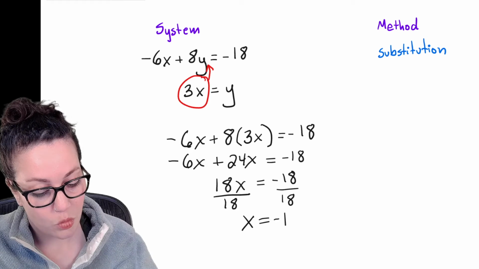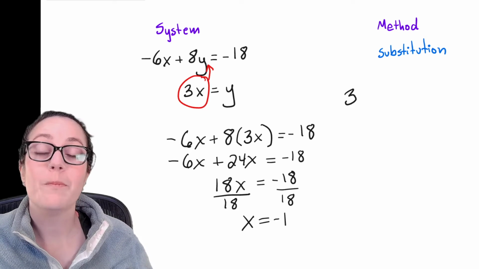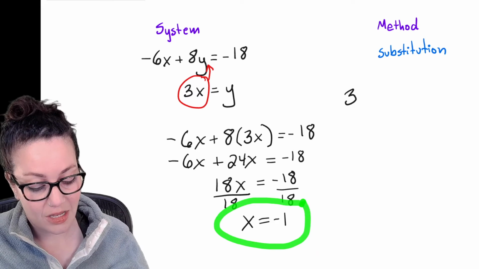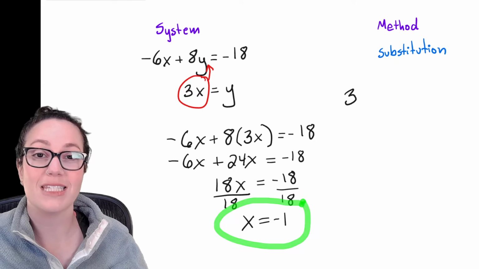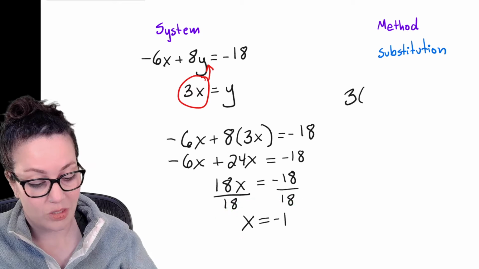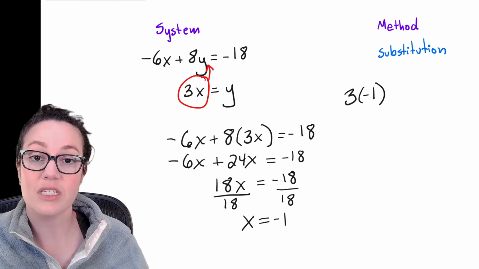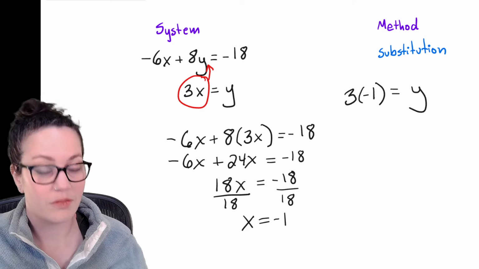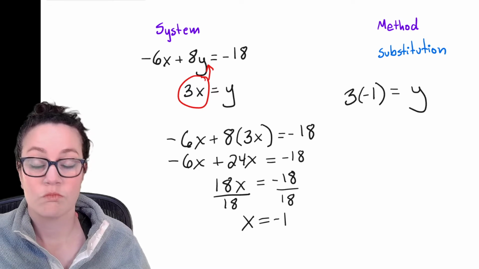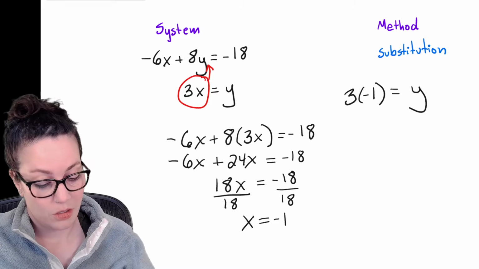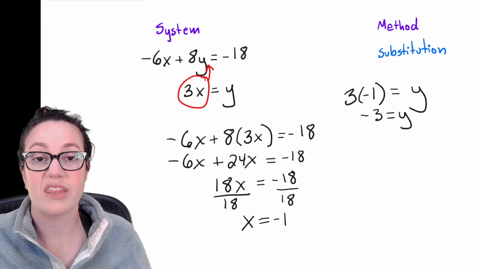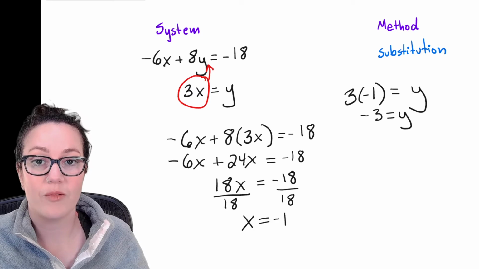So I'm going to rewrite the equation, but now instead of the x, I'm going to put in what I found for x, which is this negative 1. So again, that's going inside parentheses, and that is equal to y. When I simplify, 3 times negative 1 is negative 3. And right there, negative 3 is equal to y.